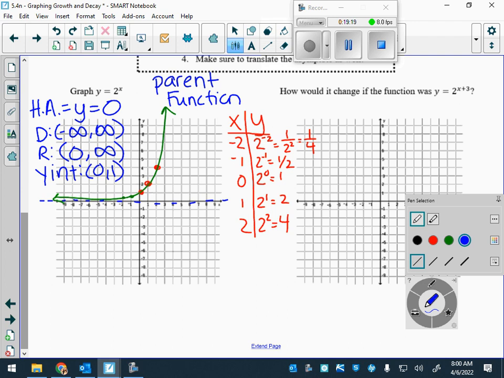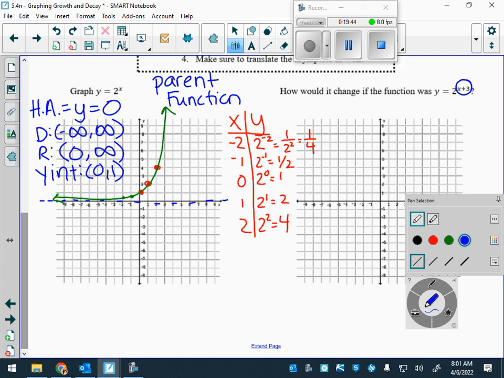Okay. So, again, our exponent, we have x plus 3, which is the same as if we had 2 lines for absolute value, underneath the square root, in parentheses for quadratics, okay? It's in the exponent, but still the transformation stays the same. So our parent function is 2 to the x.